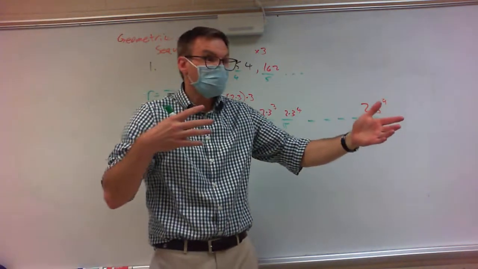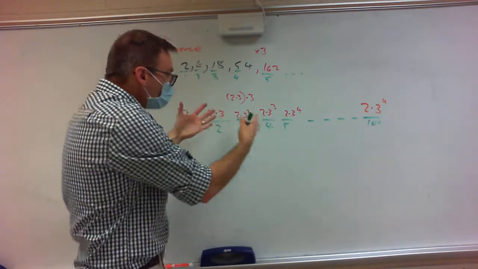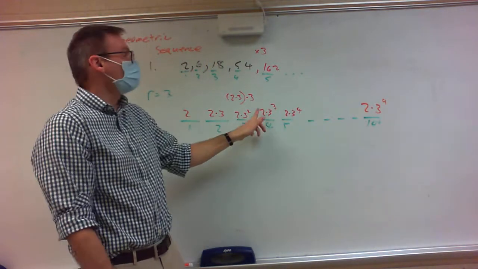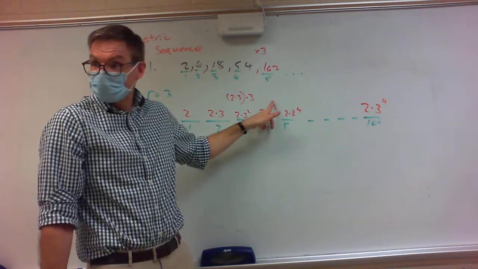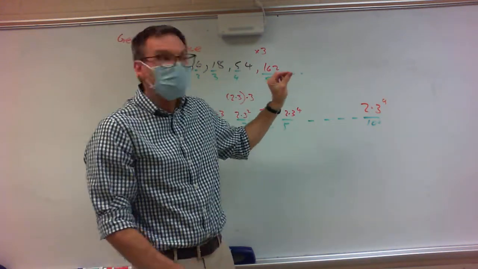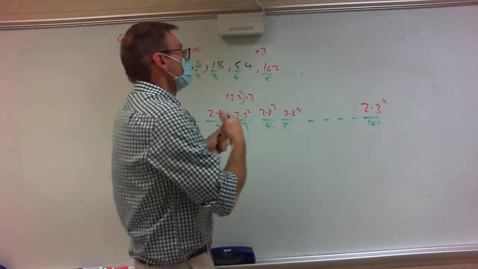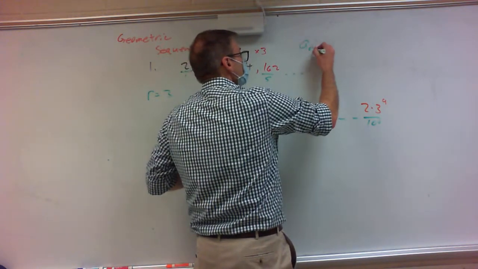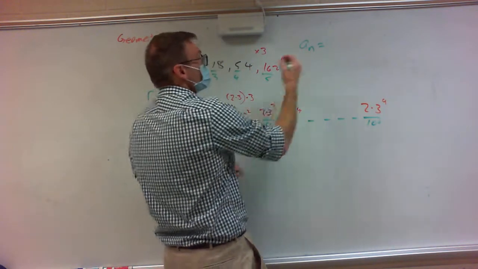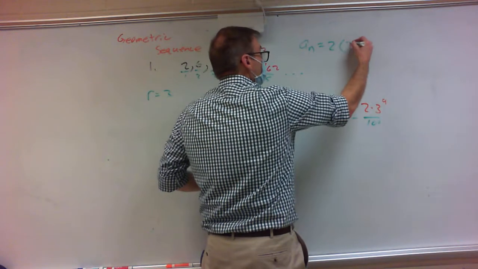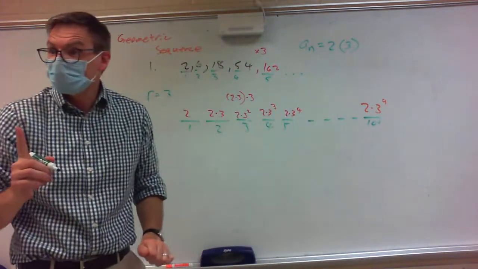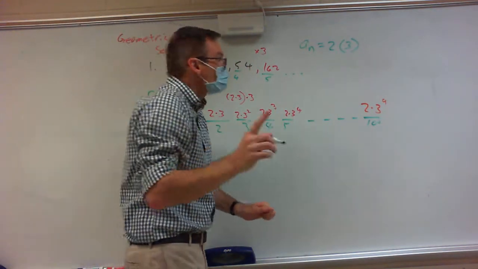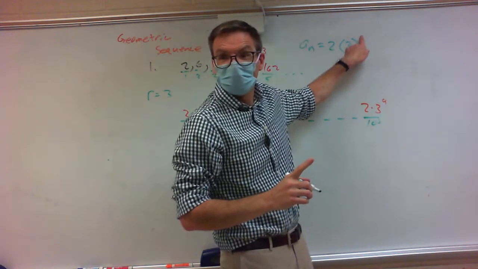Does everybody see that? So notice that every single one of these values has the first term, the common ratio raised to a power. So if I want to write the explicit formula for this, I'm going to say a sub n equals my first term, which is 2, my common ratio, which is 3, right? And then the trick is what goes up here.